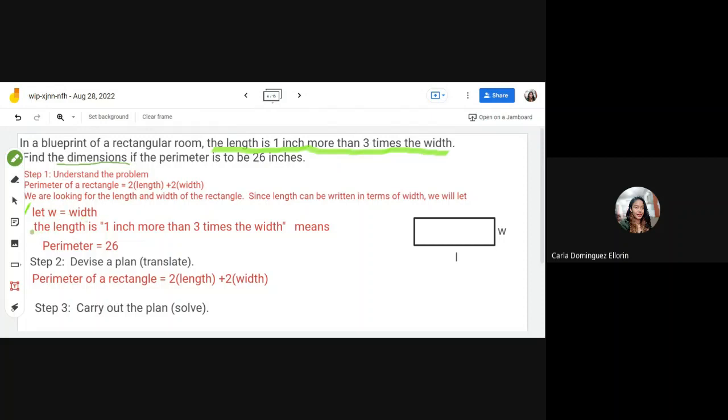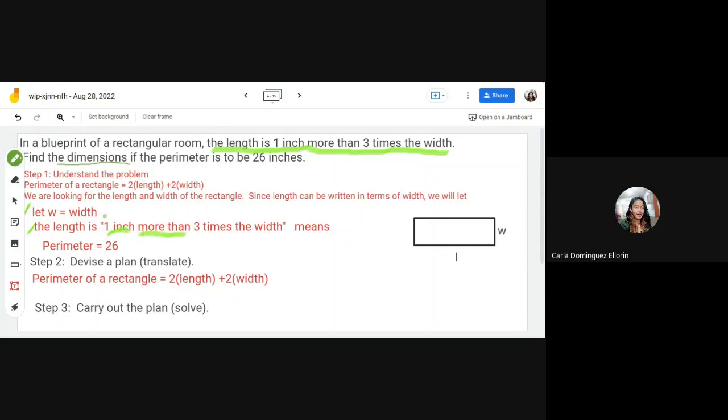And then, given length is 1 inch more than 3 times the width. So, it means 1 inch, okay, 1 inch more than.